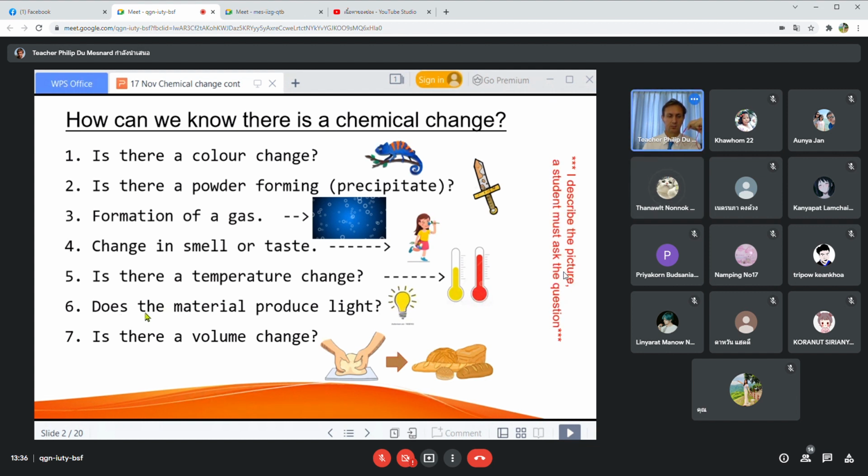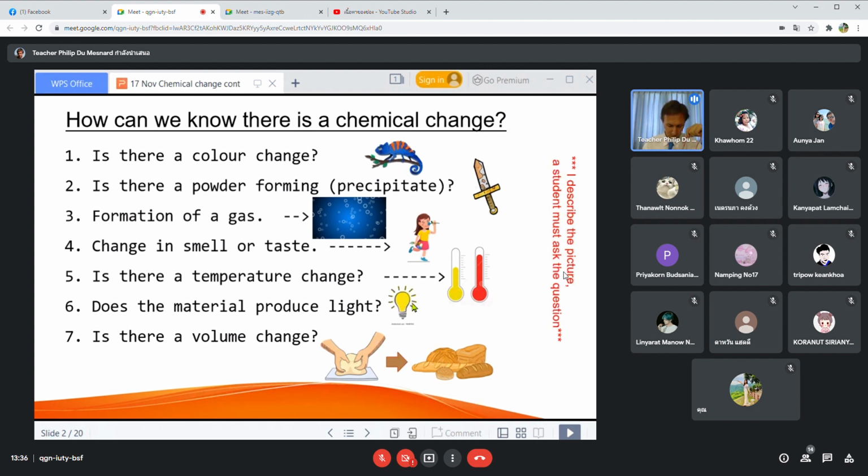Does the material produce light? That's it, yeah. So sometimes you can see there is some light, and if there is light, it's a chemical change.